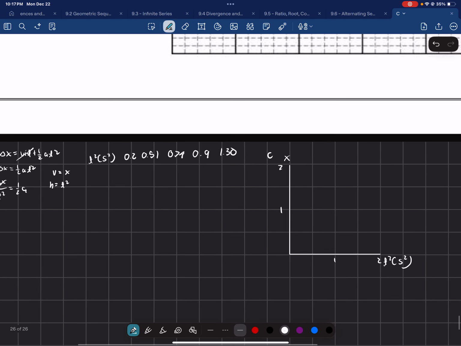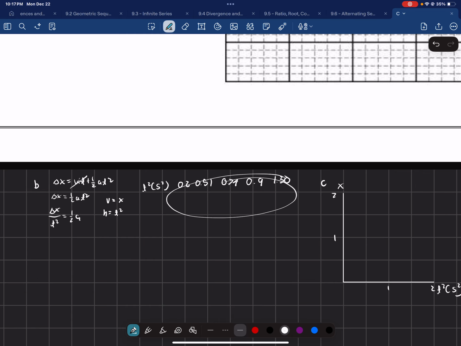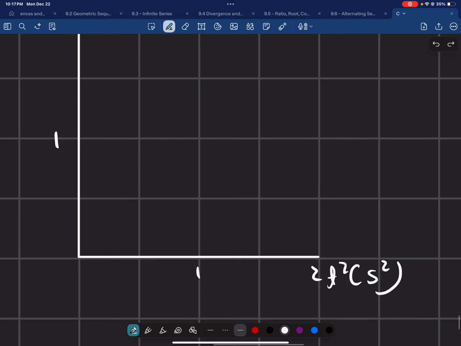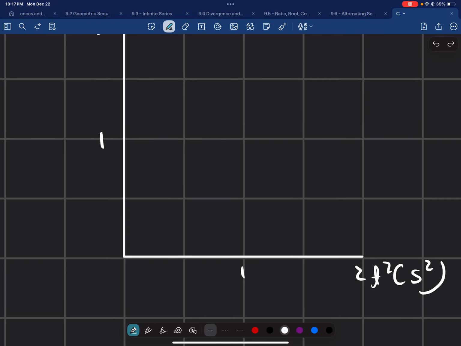If we were to plot these points and the x values, we would get something like this.